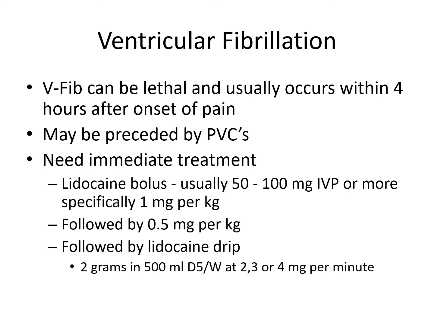This is followed by a continuous drip, and that drip would be at a lower dosage of 0.5 milligrams per kilogram. So again, you start with a bolus and you follow that up with a continuous drip.